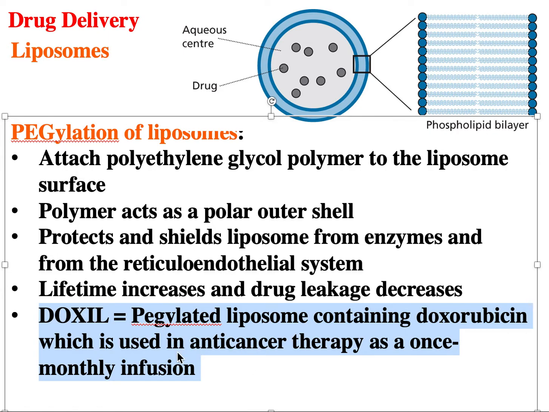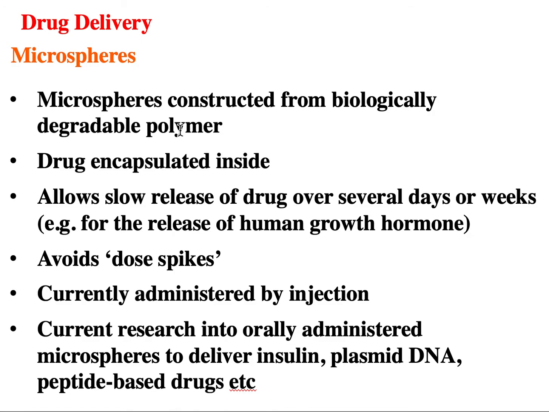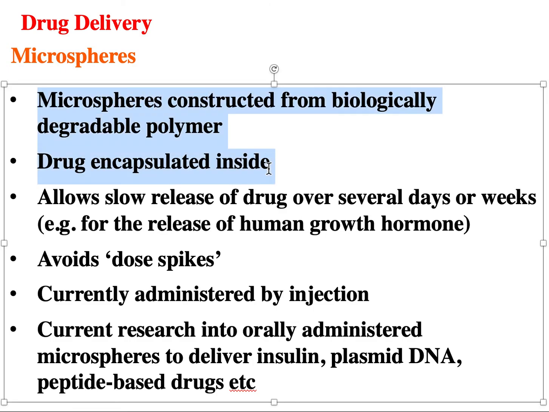Doxil is a pegylated liposome that has doxorubicin in it. You can get this as a once monthly infusion. So if someone needs this, they go into their doctor and get their IV drip of Doxil, and they do that once a month. Another example is microspheres. They're basically the same as liposomes, but they're made out of a polymer instead of a lipid.